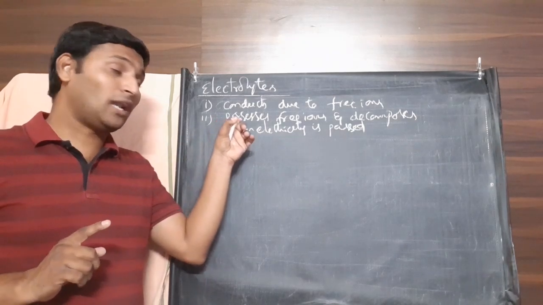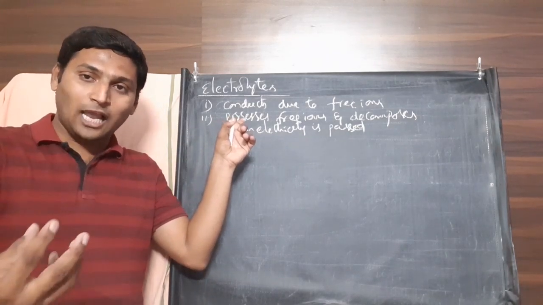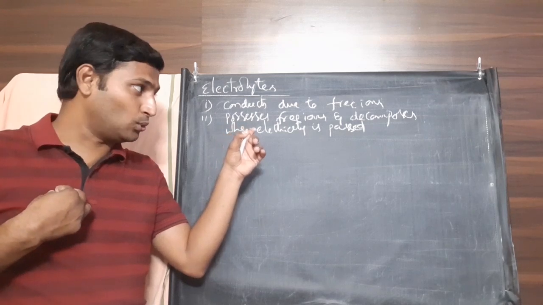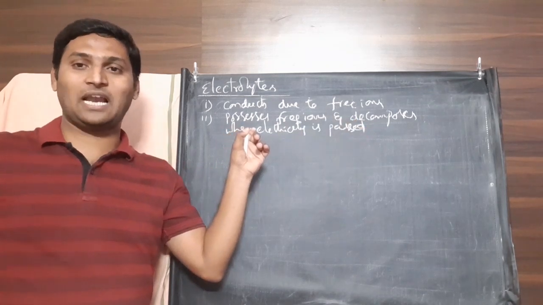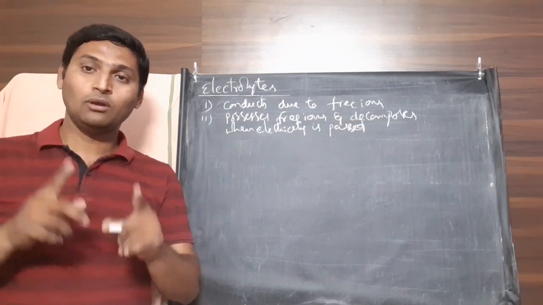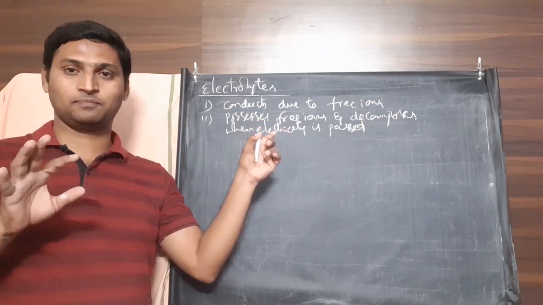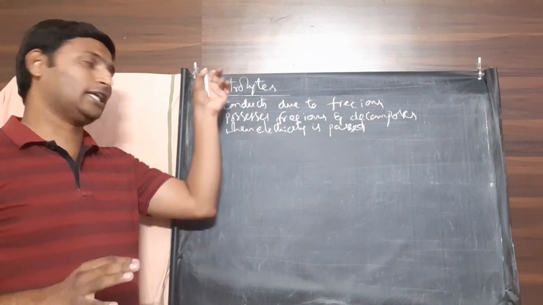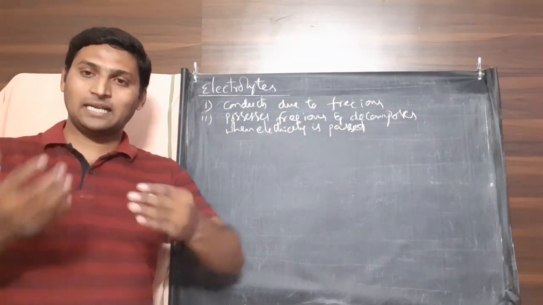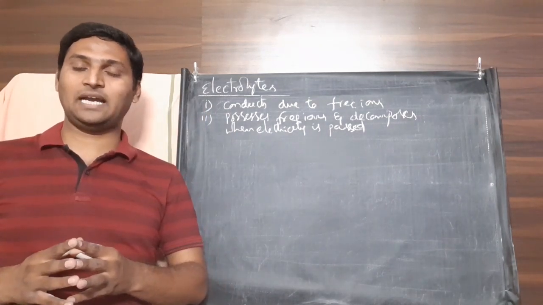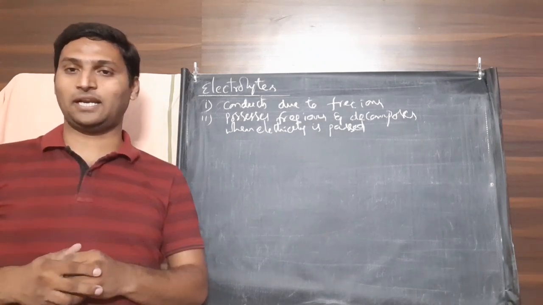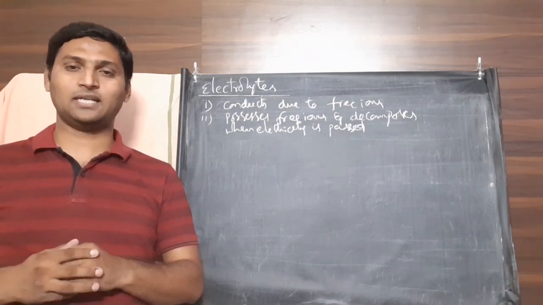Whereas an electrolyte is a substance which allows the passage of electricity through it and decomposes when electricity is passed. So a substance which undergoes decomposition when electricity is passed is called an electrolyte. Or a substance which conducts electricity due to presence of free ions is called an electrolyte. Both ways you can understand.